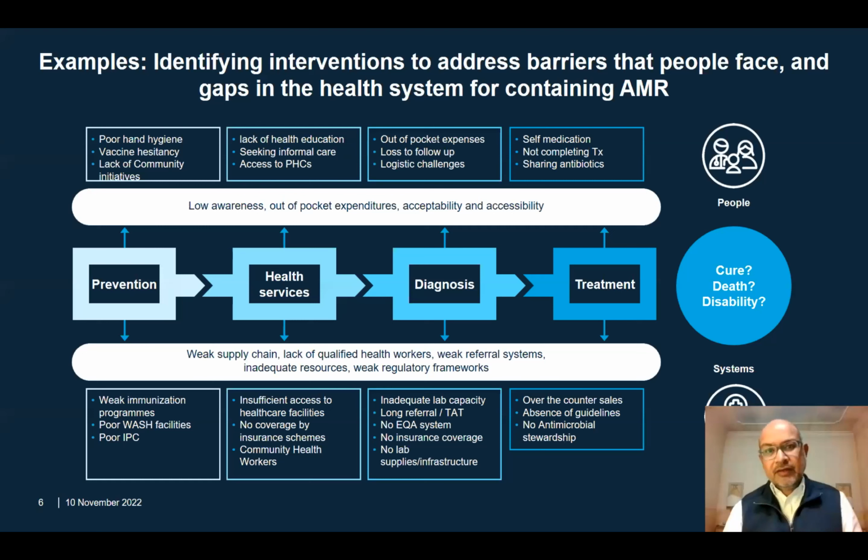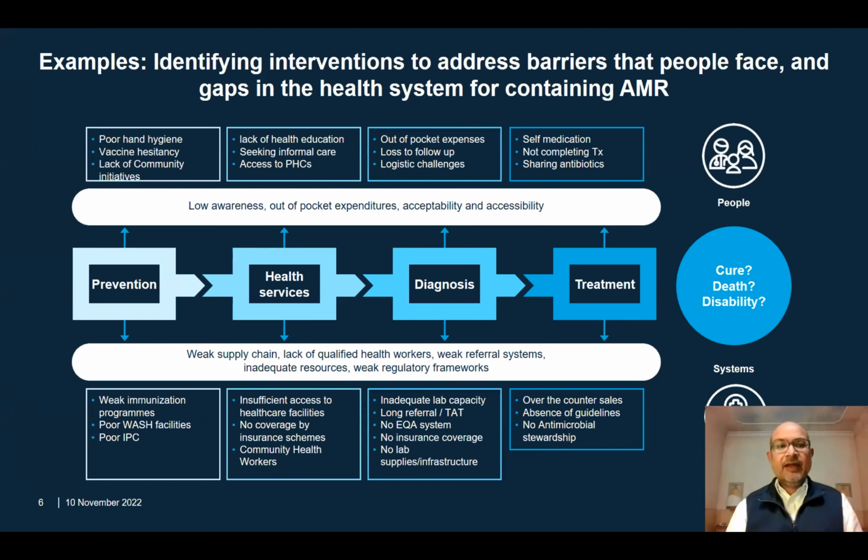So we need to work very closely with the primary healthcare and health system strengthening teams, but also, more importantly, with community-based initiatives. Because in each of these pillars, we can see a clear role for community to get engaged.